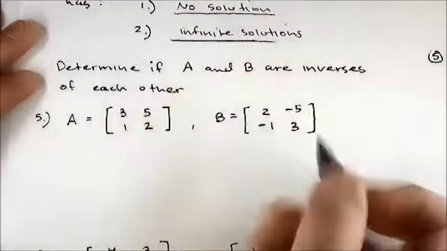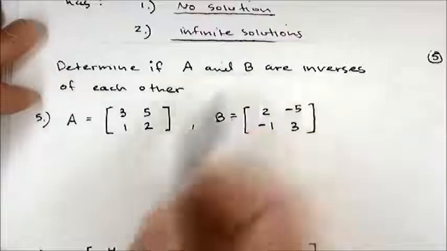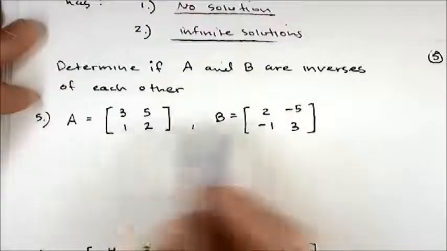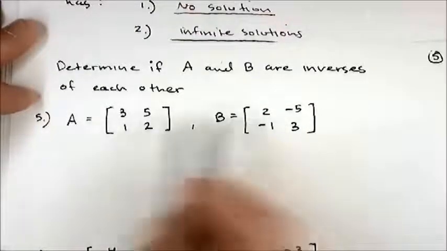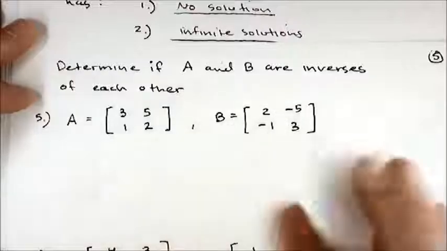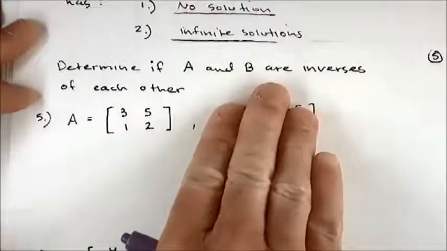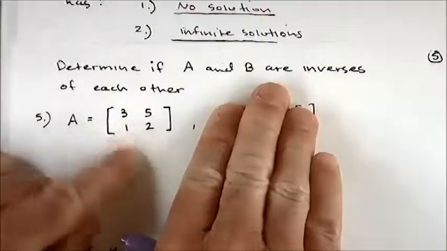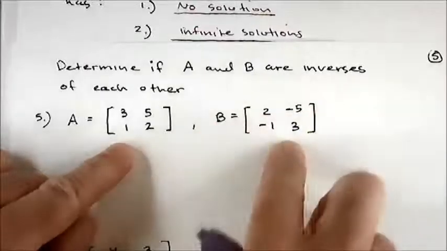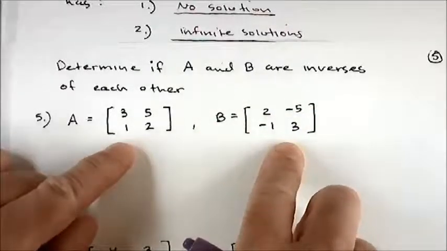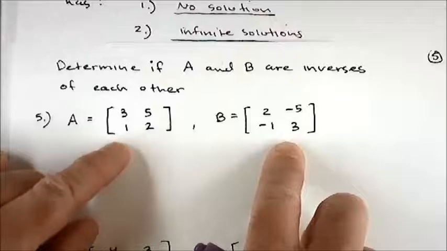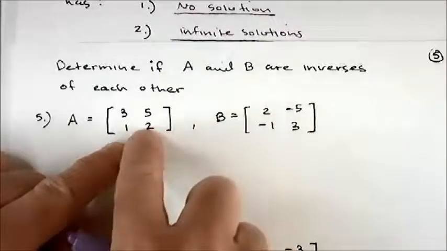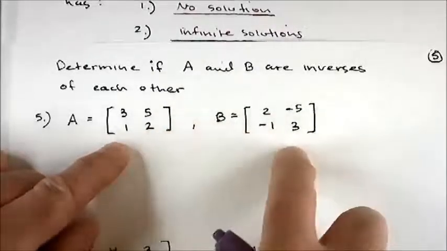And so if you were asked, here are two matrices, can you tell me if they're the inverses of each other? Obviously, one way to do it would be to just repeat what we just did, use your formula, find the inverse for matrix A and see if it's matrix B. But what's another way I could show, it didn't say find the inverse of this, it said show that they're inverses of each other.